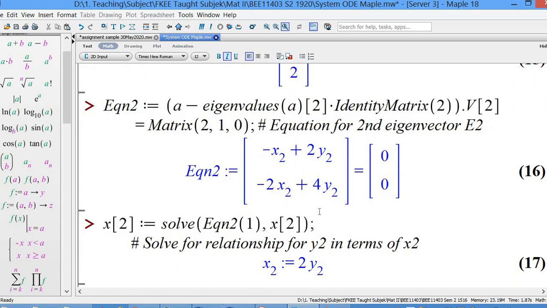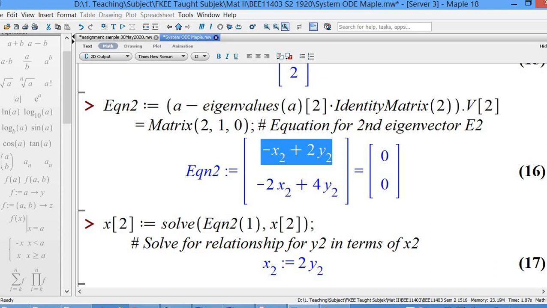And then you notice equations 1 and 2 are equivalent, meaning you have x2 equal to 2y2. We solve equation 1 with respect to x2, so x2 equals 2y2.